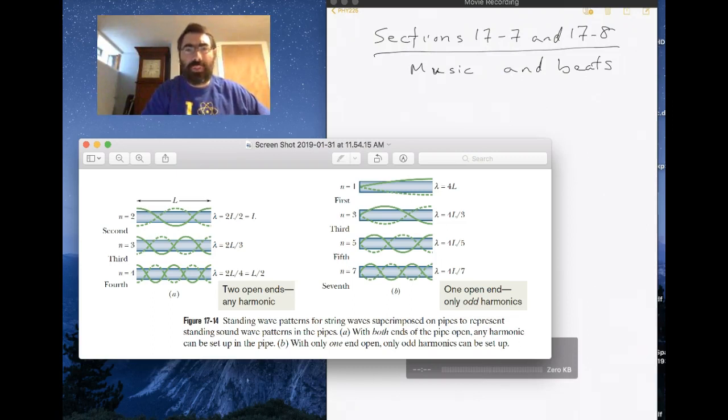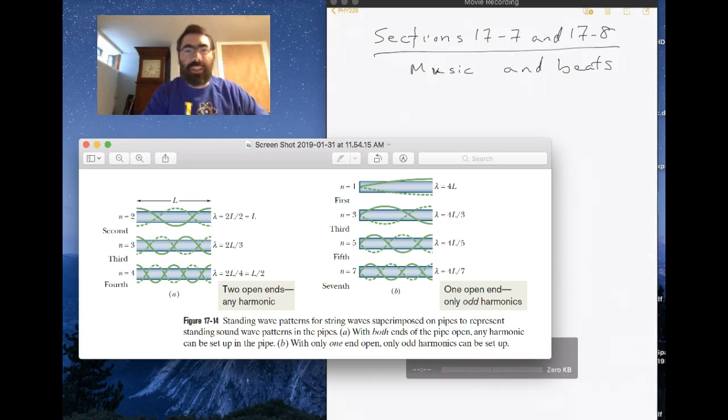So you'll notice with the pipes that have two openings that the waves are at their maximum amplitude at both ends. With the pipe closed on one end, the wave starts at 0 amplitude at the closed end and goes to maximum amplitude at the open end.